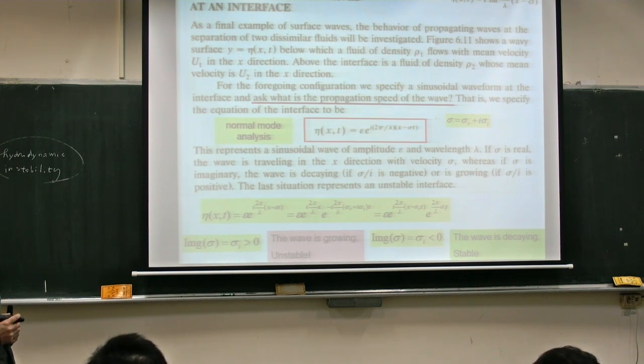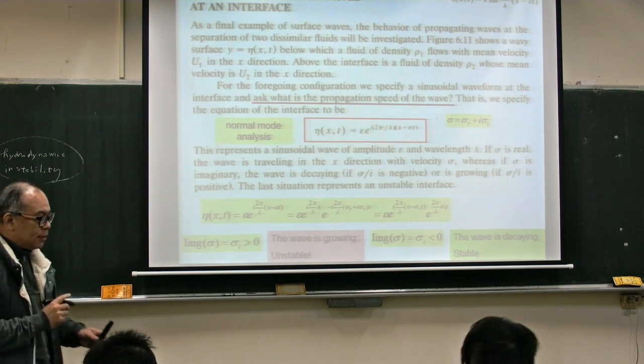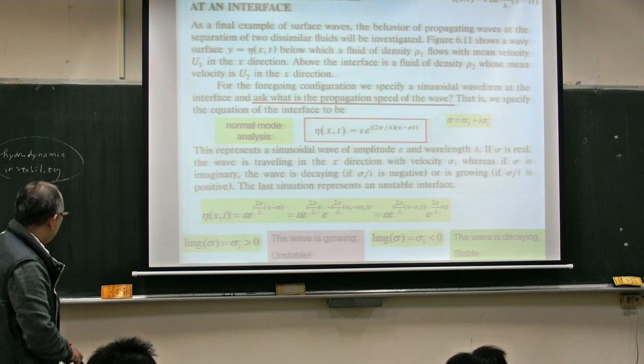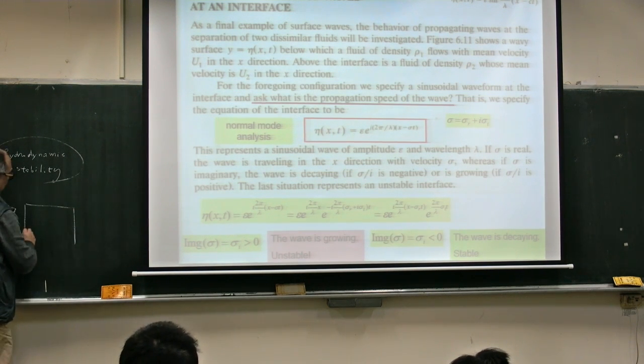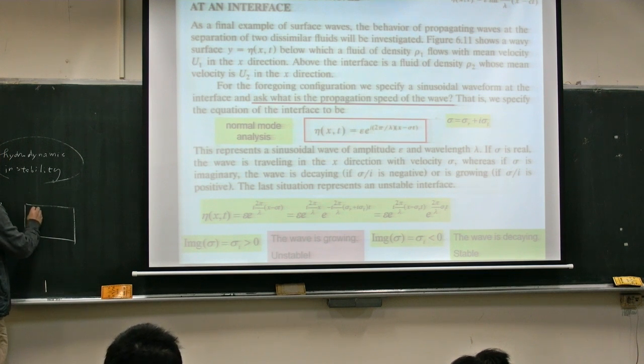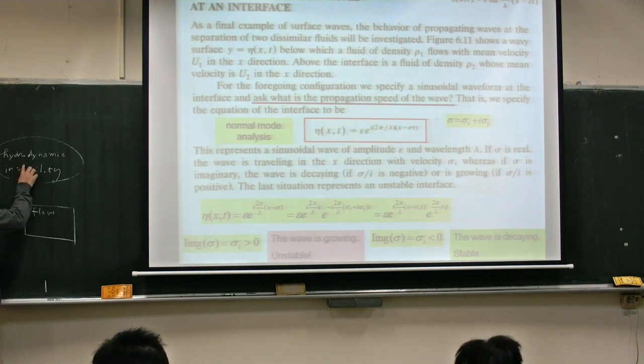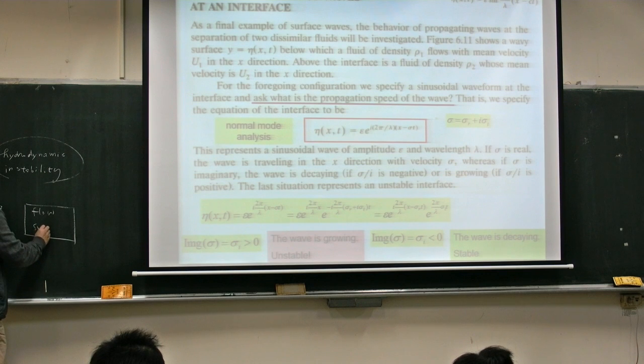In the previous lecture, as I mentioned before, I introduced the so-called normal mode analysis. This normal mode analysis is usually used to test the system stability. We have a system, this is a control point of view, and in hydrodynamic instability this system is the flow system.